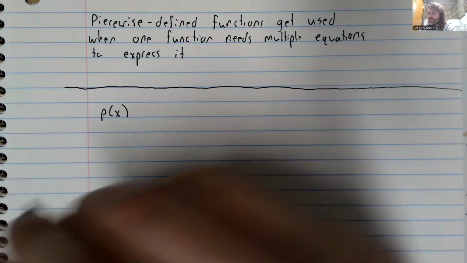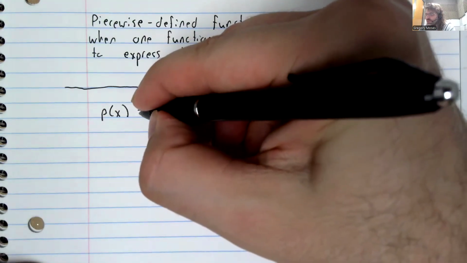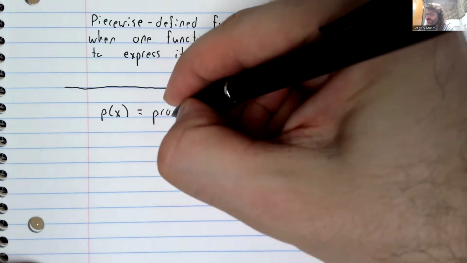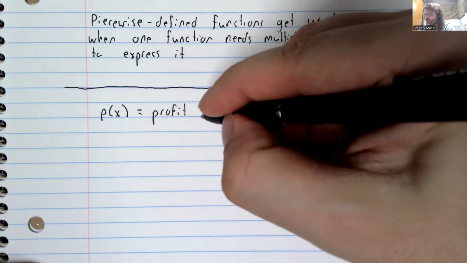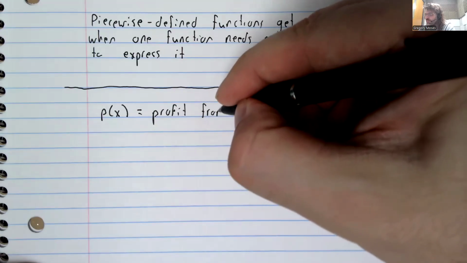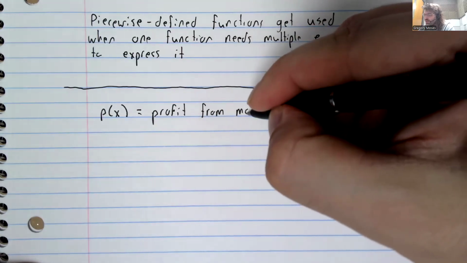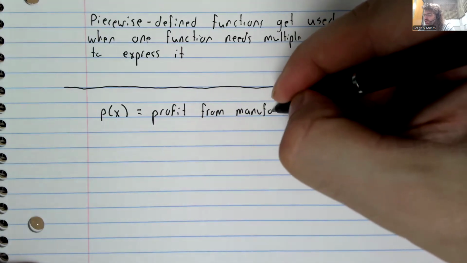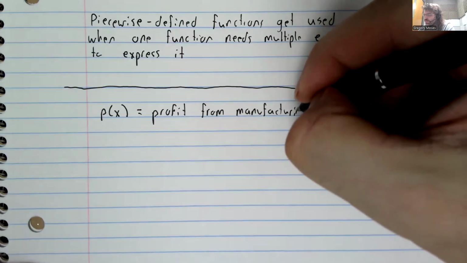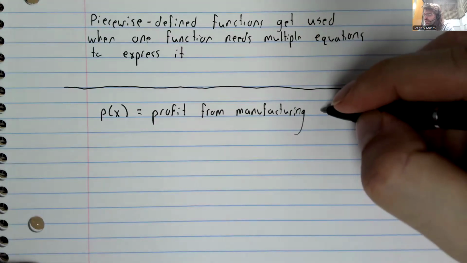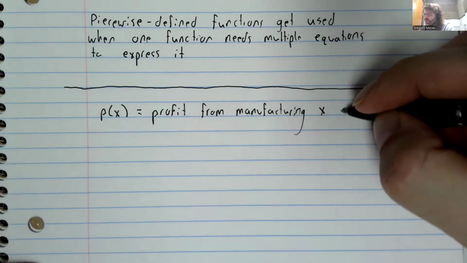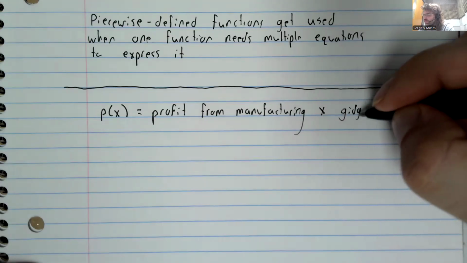And let's let P of X be the profit from manufacturing X gadgets.